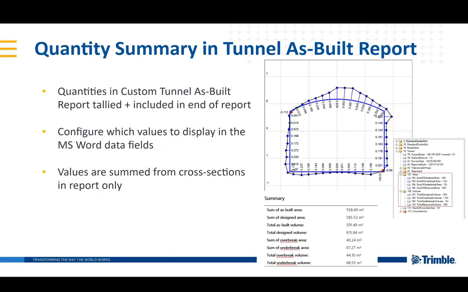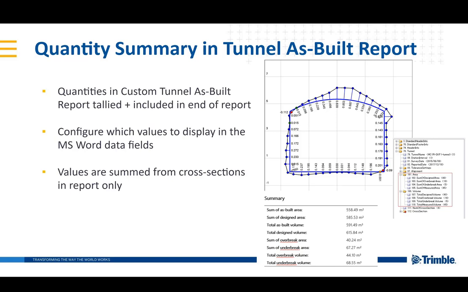All right, for those of you who've leveraged TBC's tunneling workflows, this is a nice add: a quantity summary at the end of the tunnel as-built report. So quantities in the custom tunnel as-built report are now tallied and included.